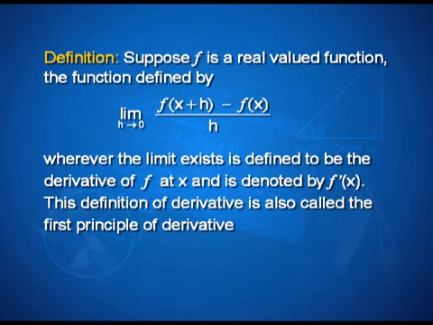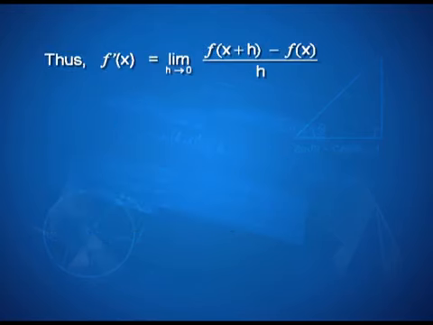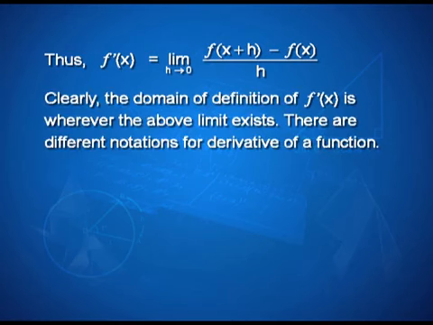This definition of derivative is also called the first principle of derivative. Thus, f dash x is equal to limit f of x plus h minus f of x upon h as h tends to 0. Clearly, the domain of definition of f dash x is wherever the above limit exists.